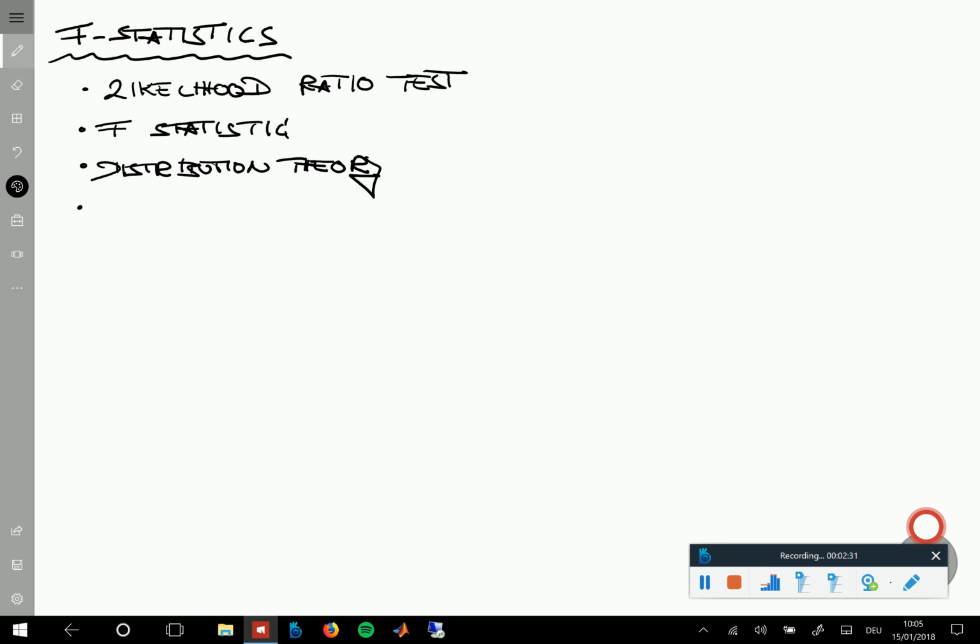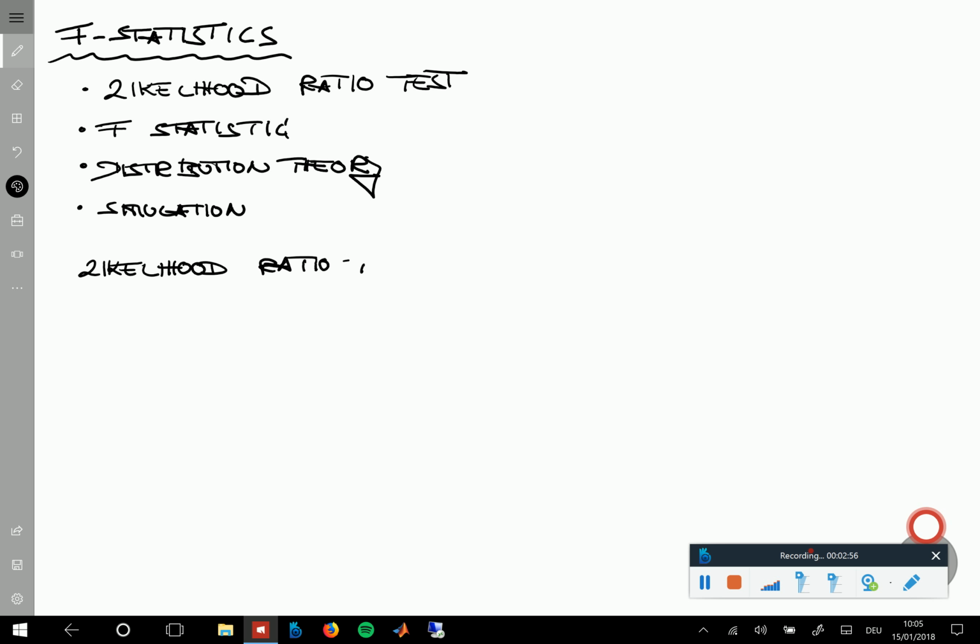And finally, maybe look at a simulation that is just a visualization of what I will have covered until then, essentially.